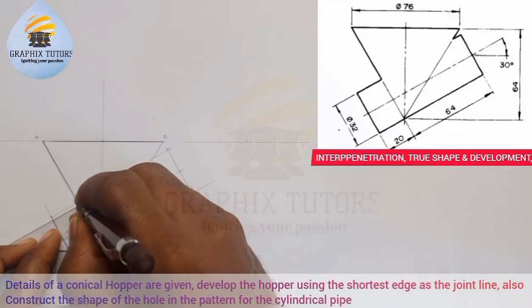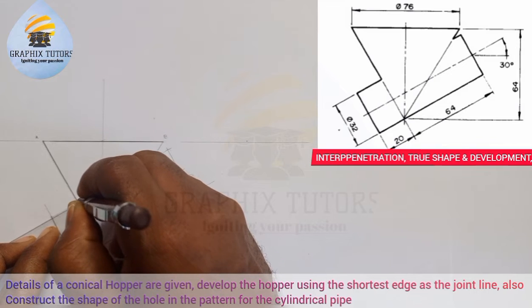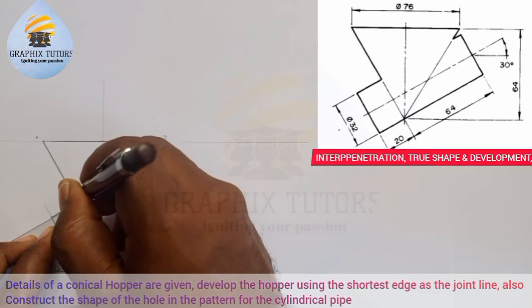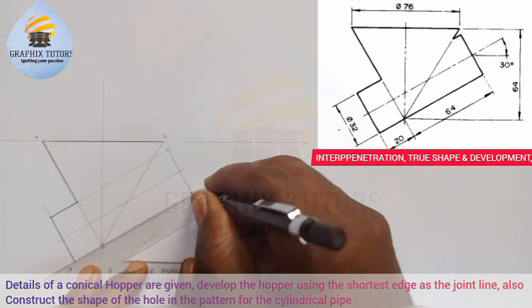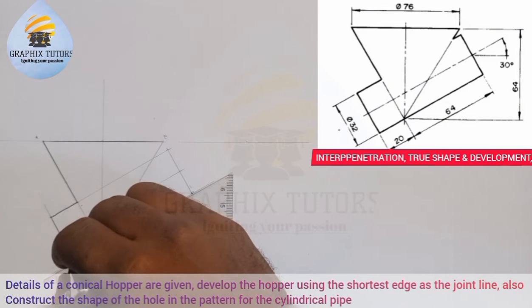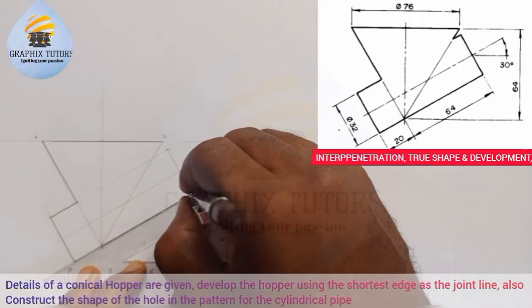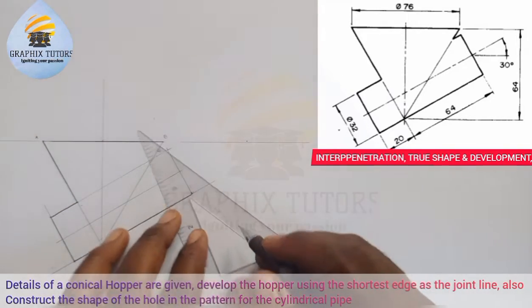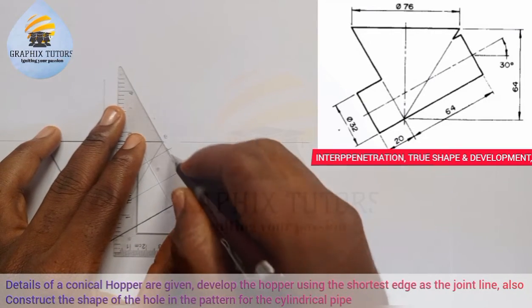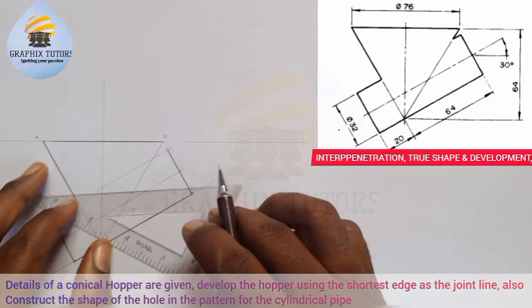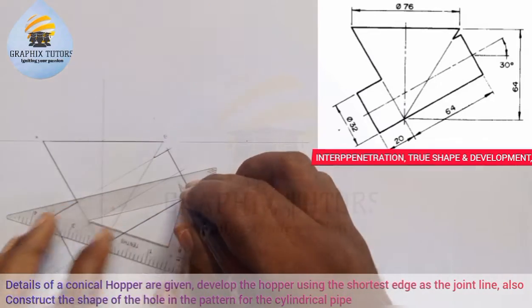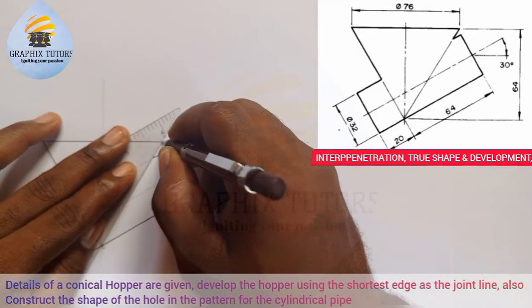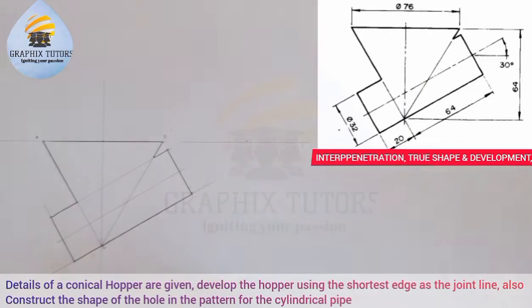This point, straight down here, then this point, straight down here, then this point, straight down here, and this to this point, and this to this point, right? This is what the question suggests.